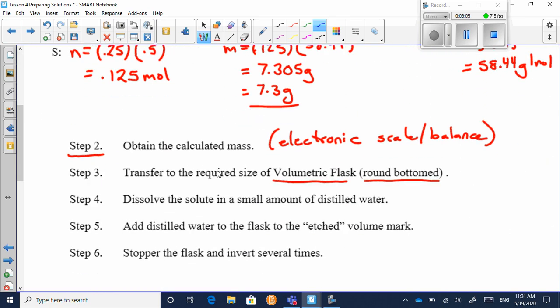So step 3 was to transfer it to the volumetric flask. Step 4 was to dissolve the solute in a small amount of distilled water. Step 5 is the critical step, and it's very important to maintaining your accuracy. Well, it's not the most important. Certainly getting the correct amount on your balance is important. But here you've got to fill the volumetric flask up to this etched line.